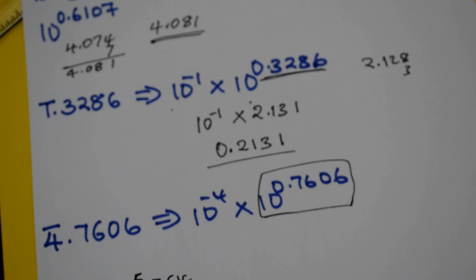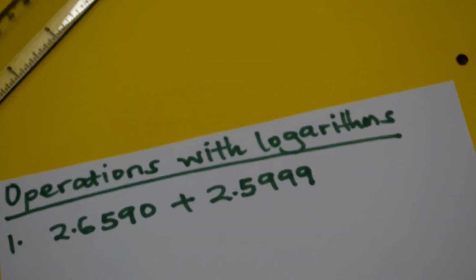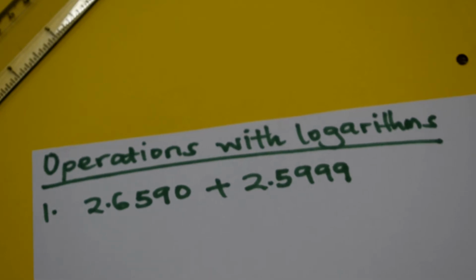So let's see operation of numbers with logs. How do we work with logs? Logs can be added, they can be subtracted like any other number. For example, we add 2.690 plus 2.5999.